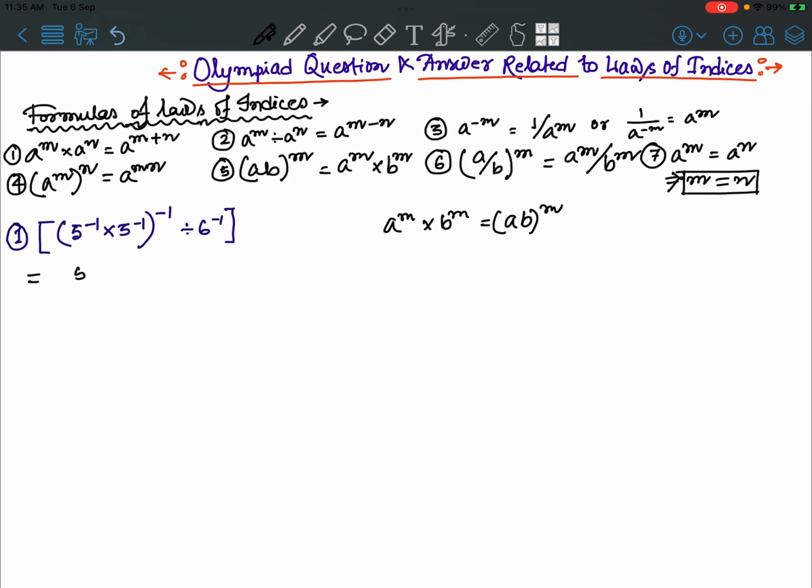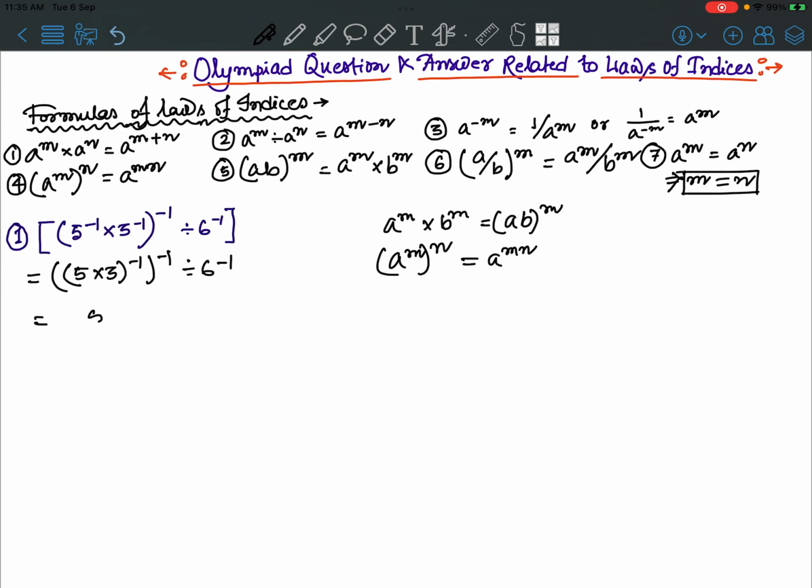We multiply 5 into 3, then whole to the power minus 1, then whole to the power minus 1, divided by 6 to the power minus 1. Then the second formula we use is (a to the power m) whole to the power n equals a to the power mn.